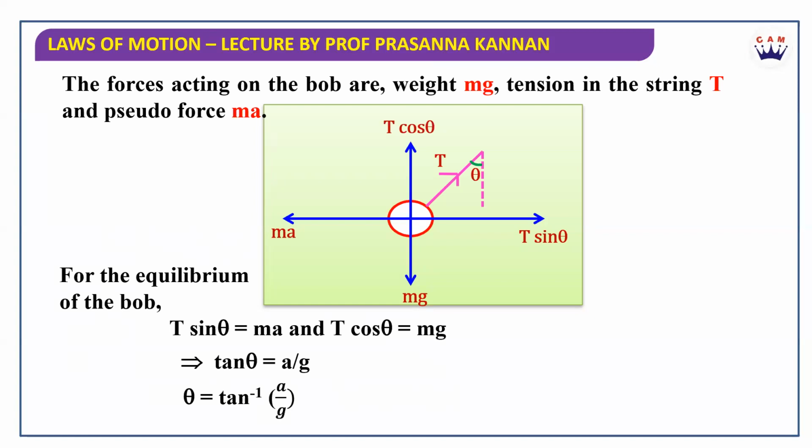So what will happen? T cos theta, T sin theta. T sin theta is balancing ma. T cos theta is balancing mg. If you divide the two equations, m and m will cancel, you'll get a by g. T and T will cancel, sin theta by cos theta is tan theta. Once again, you are getting a is equal to g tan theta. Same as what we got previously.